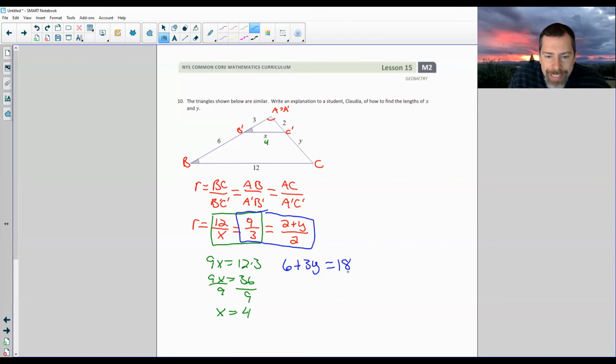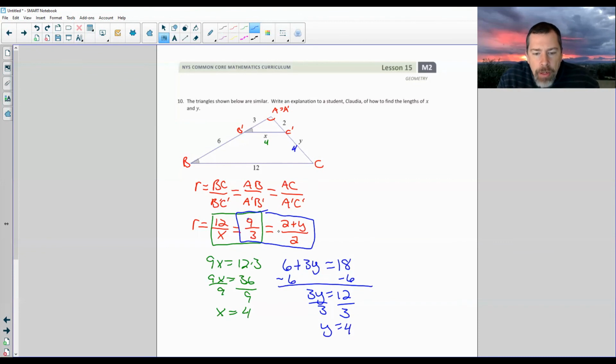If you didn't get this algebraic distribution, all that stuff from last year, this is where geometry is going to start getting tough. So you need to know your algebra to do your geometry. So then I subtract 6 from both sides. I get 3Y equal to 18 minus 6. Divide by 3, divide by 3, and Y is also 4.